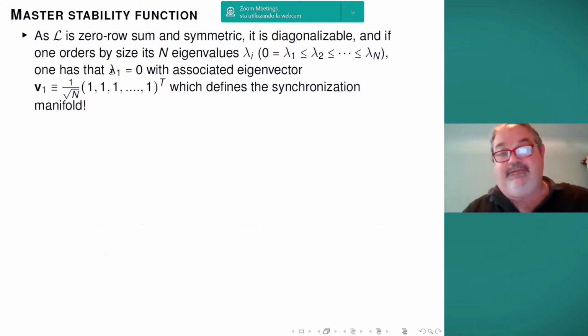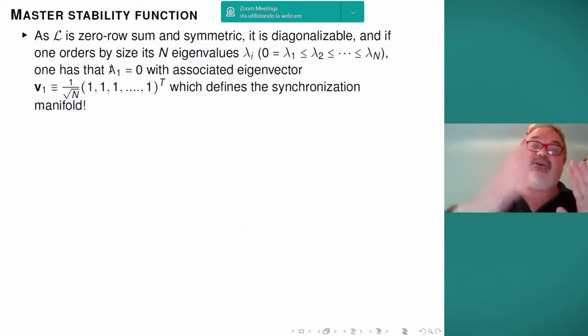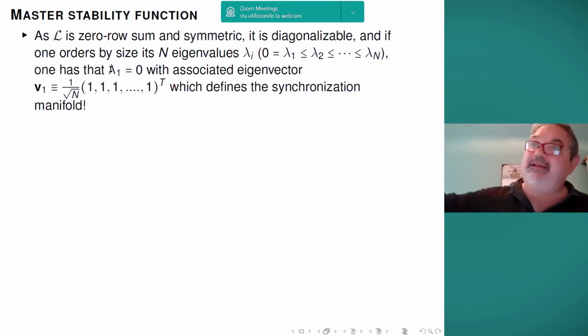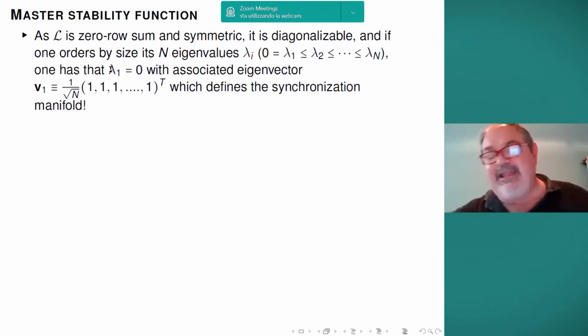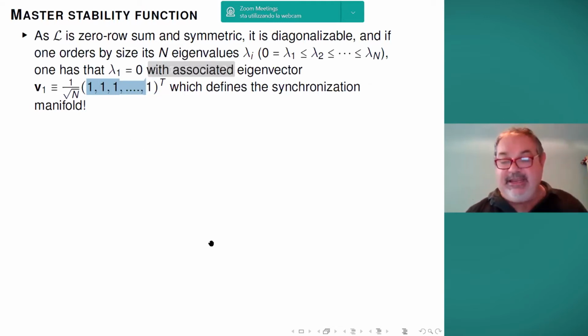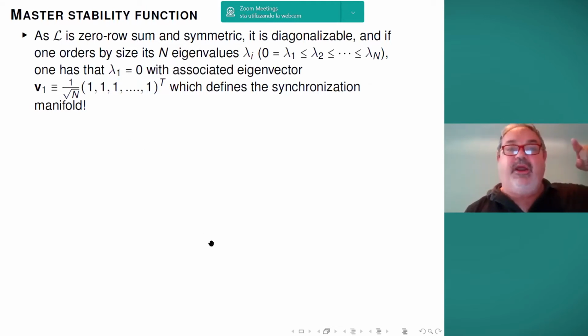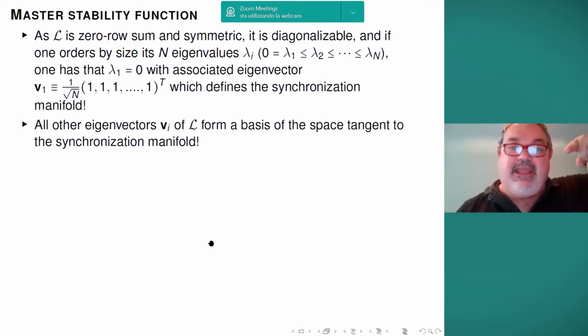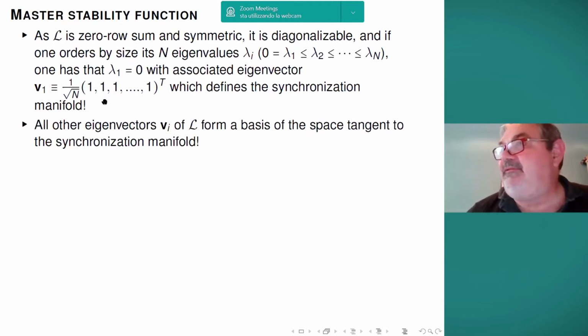Moreover, all the eigenvalues are real, so you can order them by size: lambda 1, lambda 2, which is the second smallest, lambda 3, lambda 4, up to lambda n being the largest. The first eigenvalue is 0, and the associated eigenvector is this one. You see, in this eigenvector all components are the same. That is, this eigenvector is pointing in the direction of the synchronization manifold.